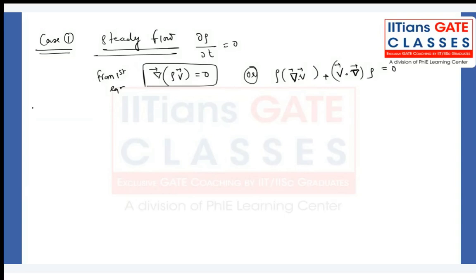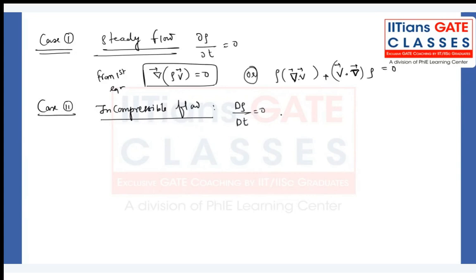Case number two, incompressible flow. Incompressible flow doesn't mean that density is constant. It means that the total change of density with respect to time has to be 0, or d rho by dt has to be 0. So from that equation, what can we write? 1 upon rho d rho by dt plus 1 upon v dv by dt has to be 0.